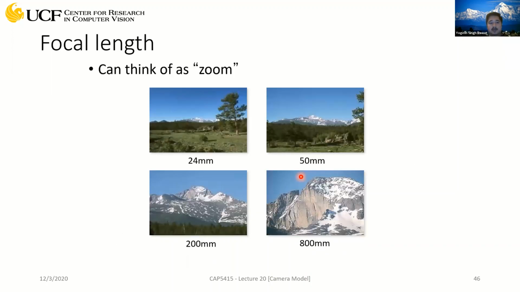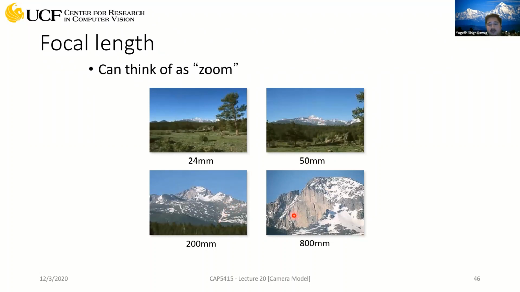Now, let's try to understand what this focal length does. If we increase the focal length, it acts like a zooming factor. You can see that of these two images of the same scene, this one has a higher focal length, so it's a more zoomed in version.